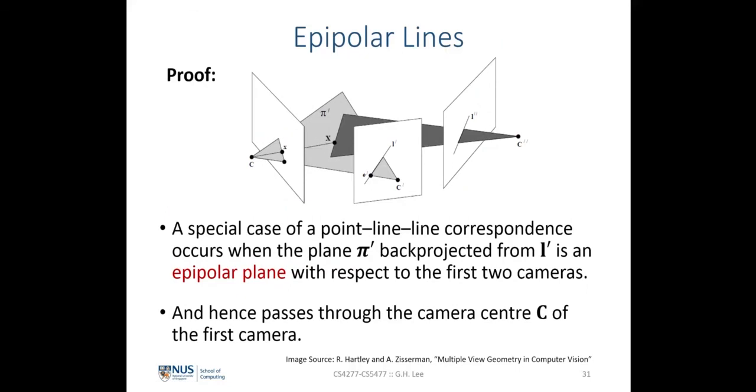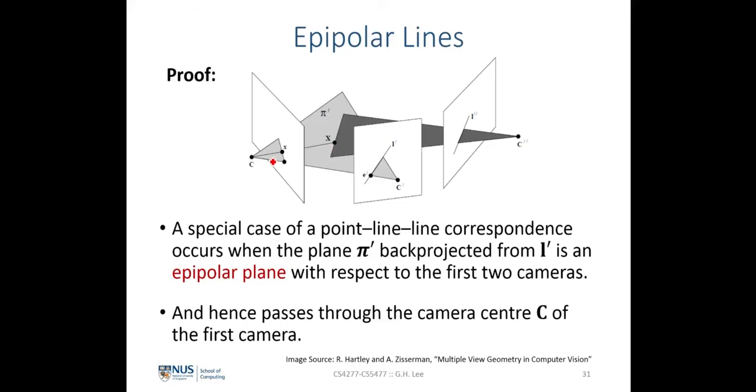And now we show the proof for the left and right null space for the epipolar line as shown earlier on. We'll consider a special case of the point-line correspondence in three views over here. So now in this particular case, we can see that the point in the first image, which we denote as x over here, back projects to a light ray, which contains the 3D point over here, which we call capital X over here.